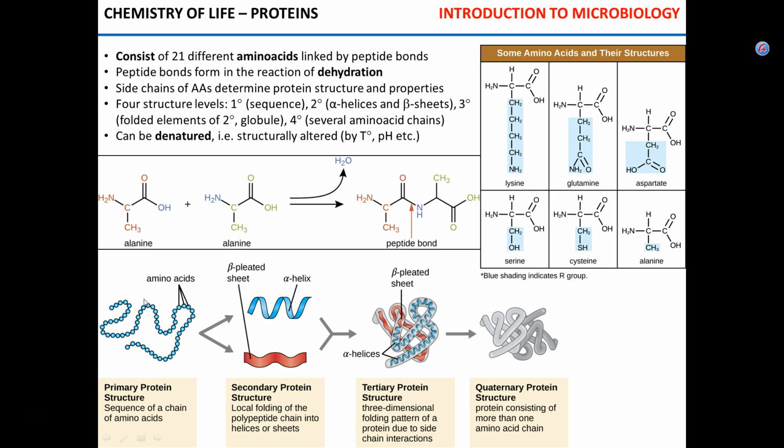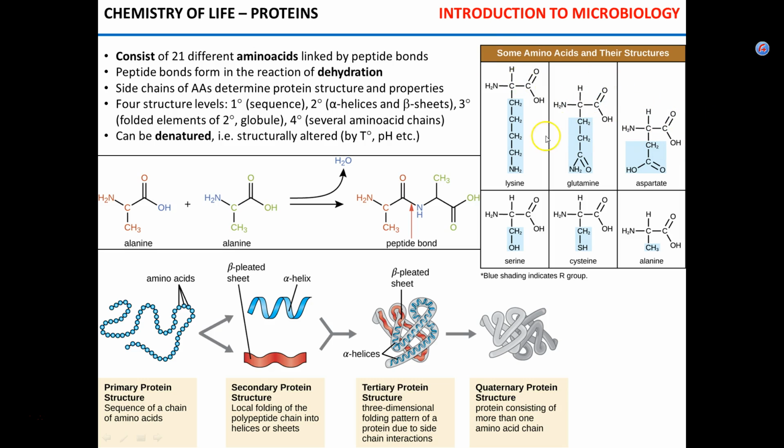Now, important thing about amino acids, look at them. These 6 amino acids shown here, they all have something in common. This carboxyl group, amino group, that alpha carbon here, that's all the same. Look, no difference, right?